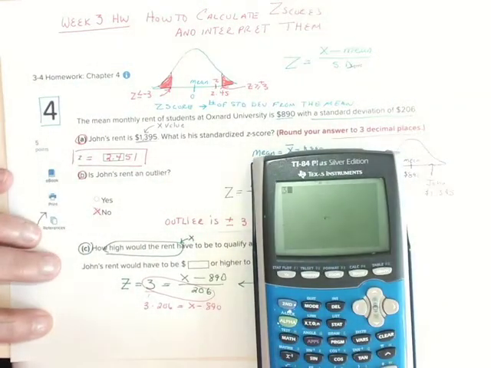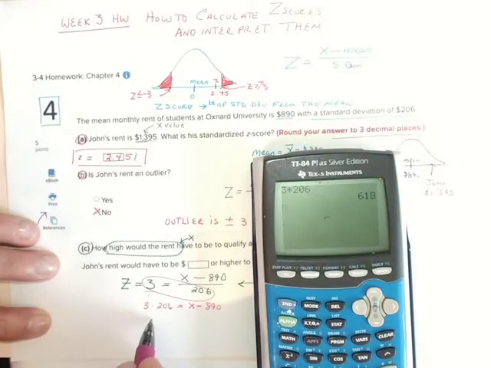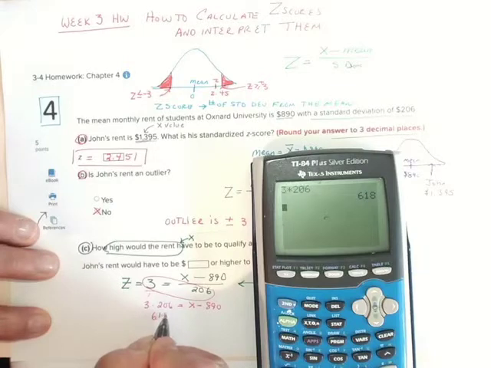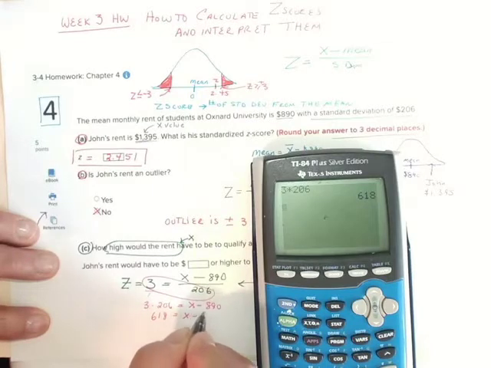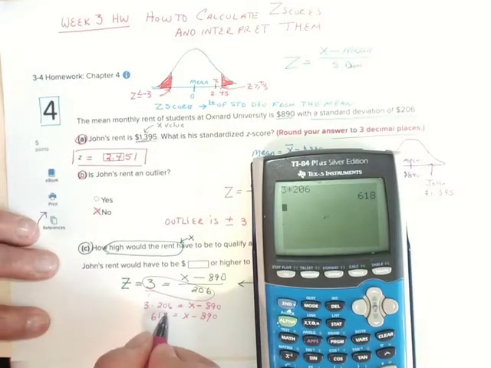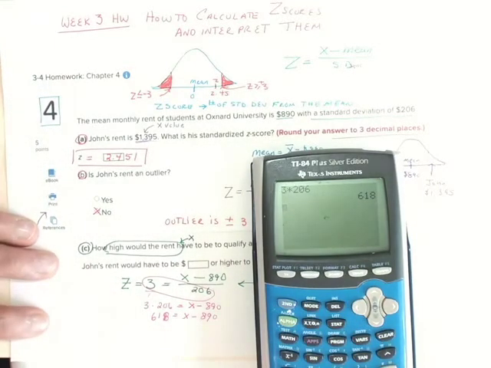Okay, so 3 times 206. So that is 3 standard deviations. 618 equals x minus 890. Okay, and that's 618. So that's 3 standard deviations.